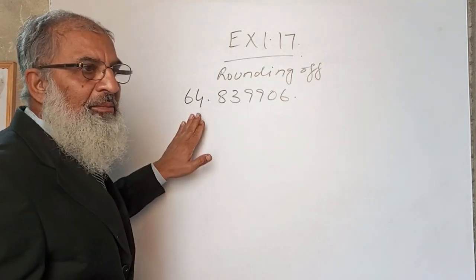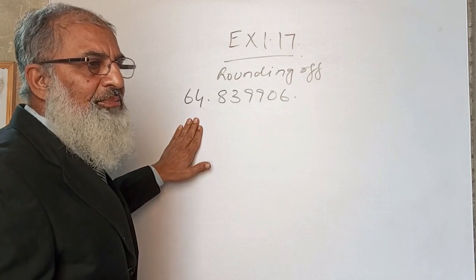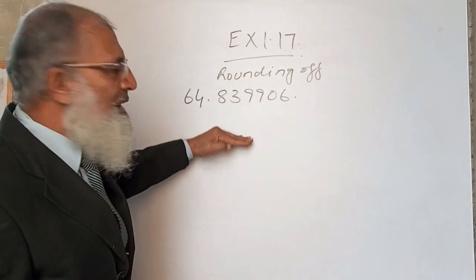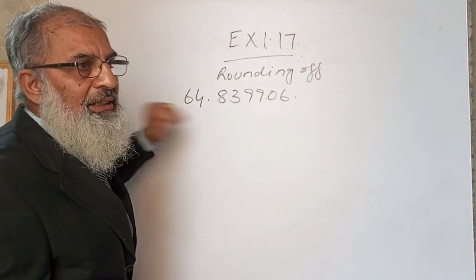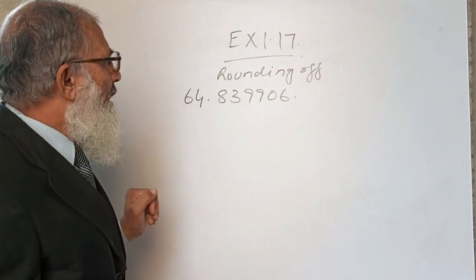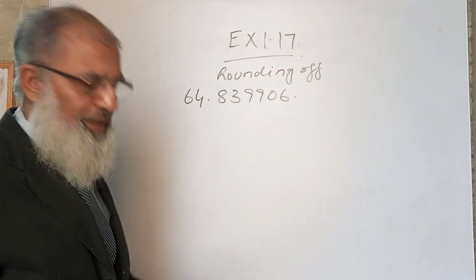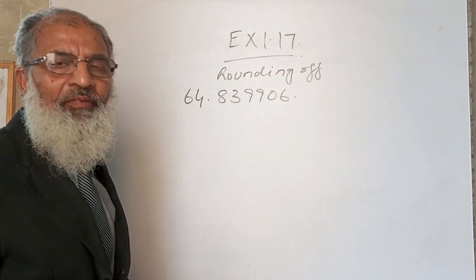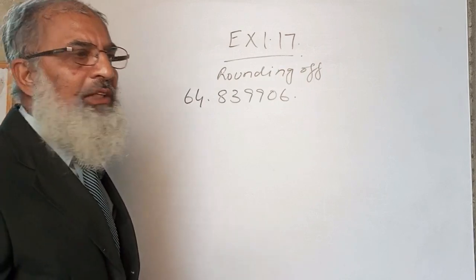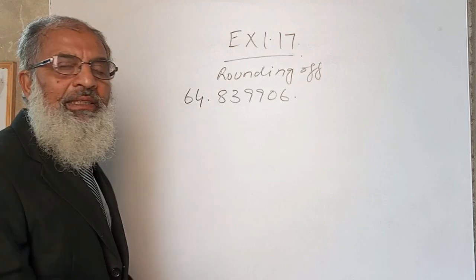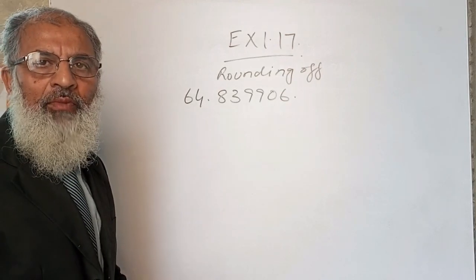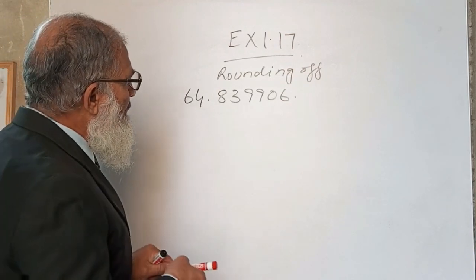We know that the number is greater than 64, but a little less than 65. If I am doing a very rough estimation or calculation, I can use it as 65 also. But how?